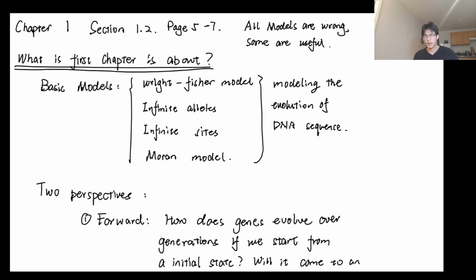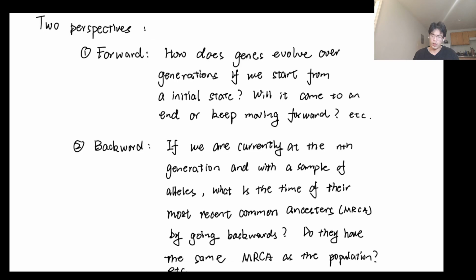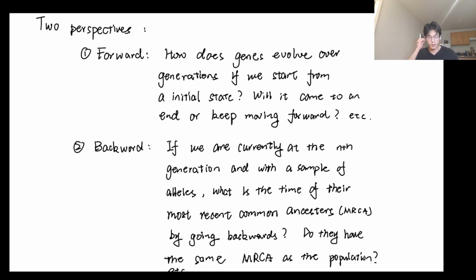So what does that mean? When we're modeling the evolution of DNA sequences, what kind of problems are we trying to study? What kind of information can we get from these models? There are two perspectives. One is going forward. The question looks like: if we're given an initial state, how does the gene evolve over generations?